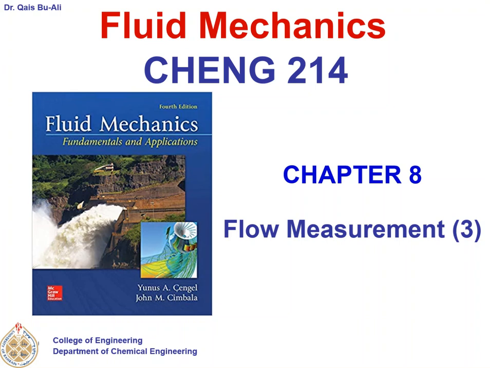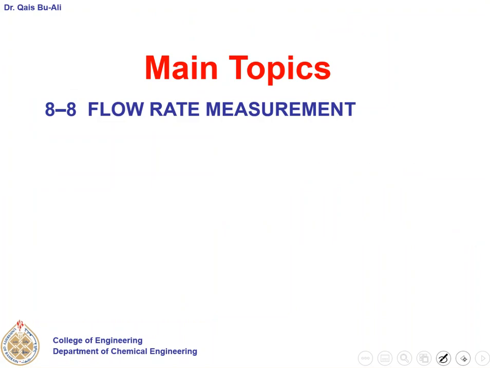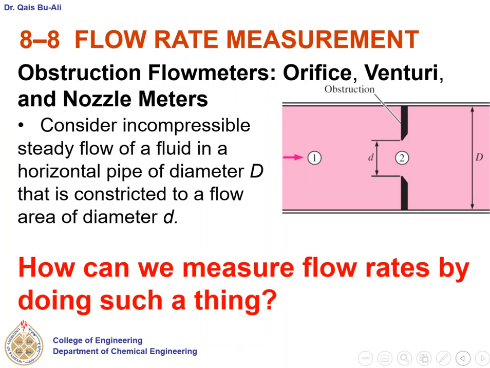Now, in the previous two lectures, I discussed the static probe and an example on the static probe. In this lecture, which is an important one, I am still talking about flow rate measurement, section 8-8 in your book, and I'm going to discuss another type of flow measurement devices, and those are called obstruction flowmeters.